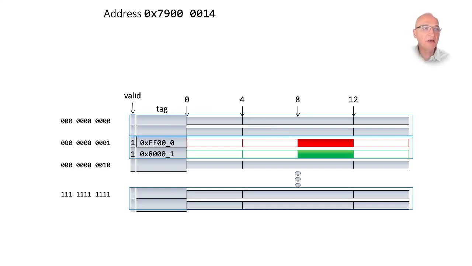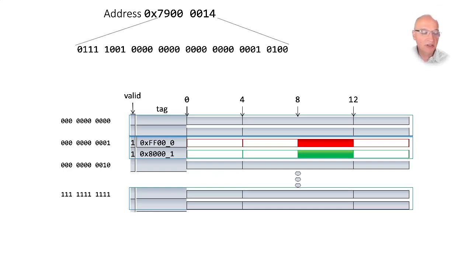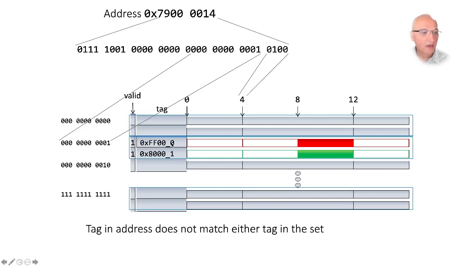So now if I am given the address 0x7900014 and I want to see whether that address is in the cache, I'll take the index and I'll find that if it is in the cache, it has to be in this set. So now I take the offset, so this will be this word, but before I can return the word, I have to check to see if it's a match with the tag that I have in the set.